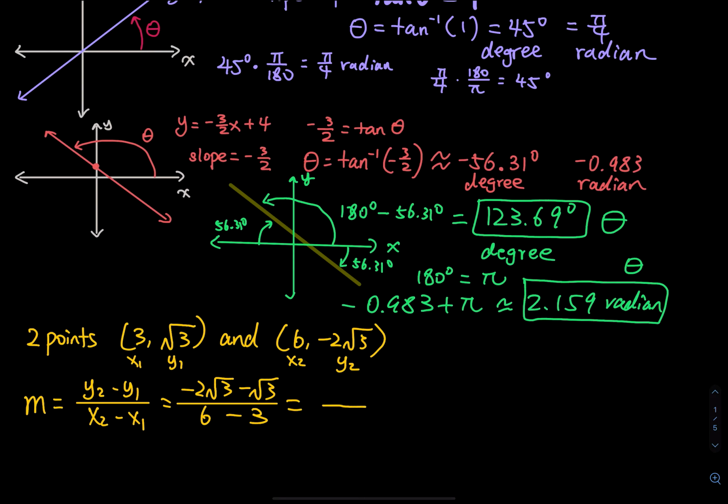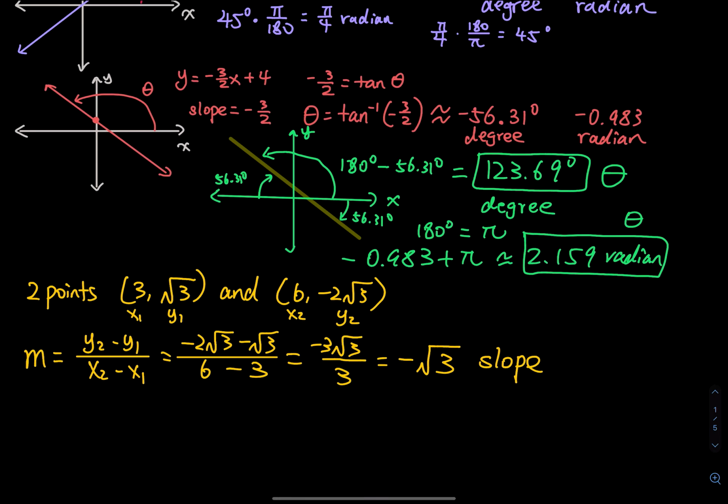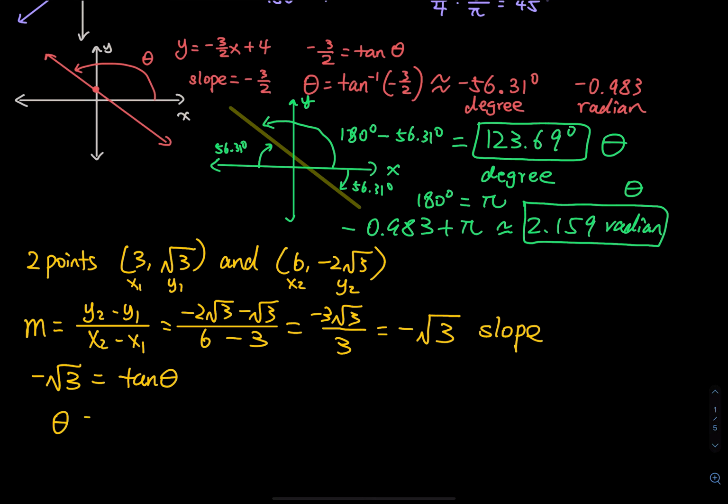So this equals 3, negative 2 minus 1 is negative 3. Then you simplify that, and this is the slope. The slope equals tangent theta, and then theta equals inverse tangent of negative root 3.